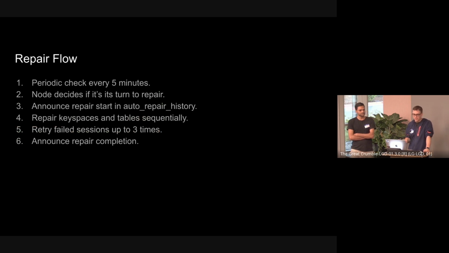When the scheduler runs, it'll run every 5 minutes, configurable. It will decide whether it's its turn to run a repair next. If it is, it will update the repair history table. Then it will, with retries, run through all the key spaces and tables that are assigned to run, retrying failures and announcing completions.